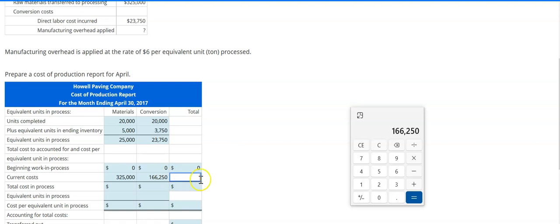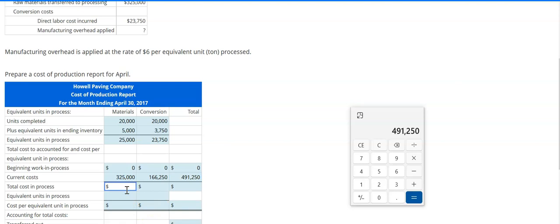And then I can just merely add this 325,000 right here to that to get my total current costs. So that is 491,250. Oops. Now let's see here. Let's back up here. 491,250. Perfect.